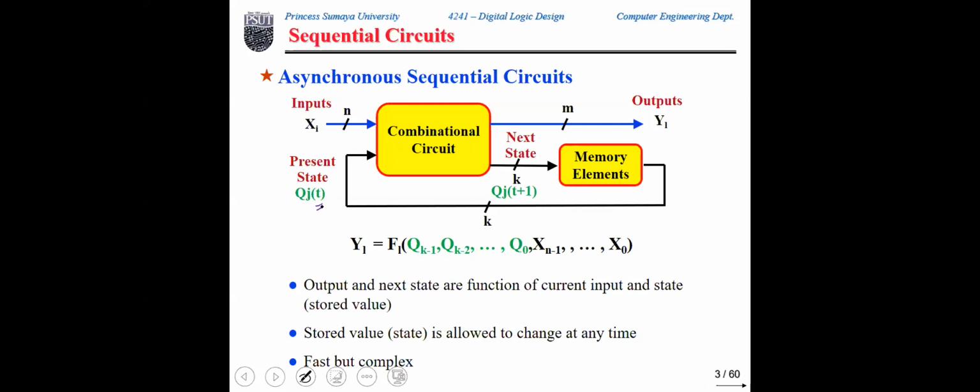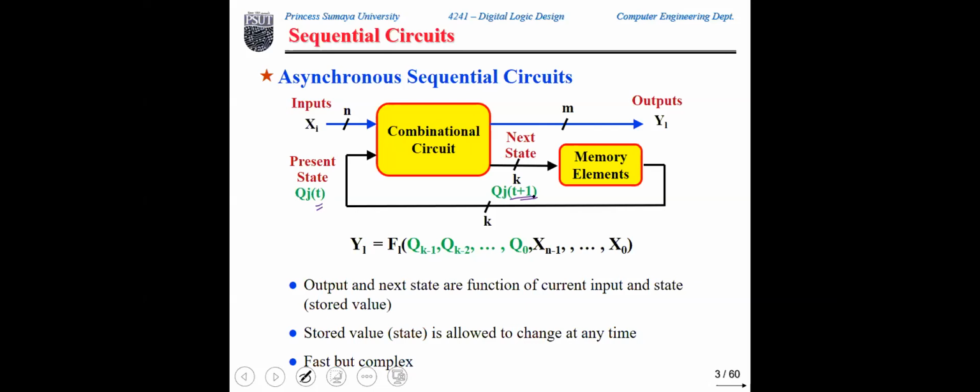Now, the next state is the value to be stored in the memory, however, not now, but after some time when it is calculated. So we denote it with T plus 1, which means not plus 1 second or 1 hour or 1 day. It is plus 1, which implies this is the future value, the next value.